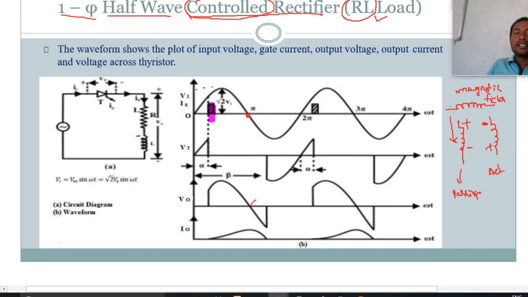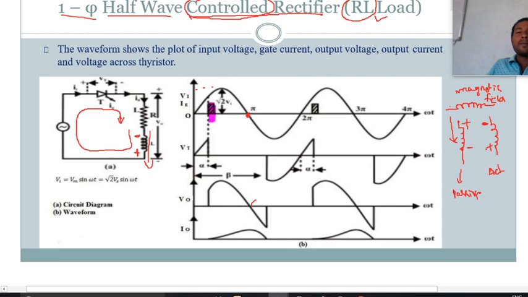While it is absorbing energy, current is in this direction; while releasing, the polarities of the inductor are reversed and it continuously releases energy in the same direction. This is the negative terminal with respect to the cathode, and positive with respect to the anode.